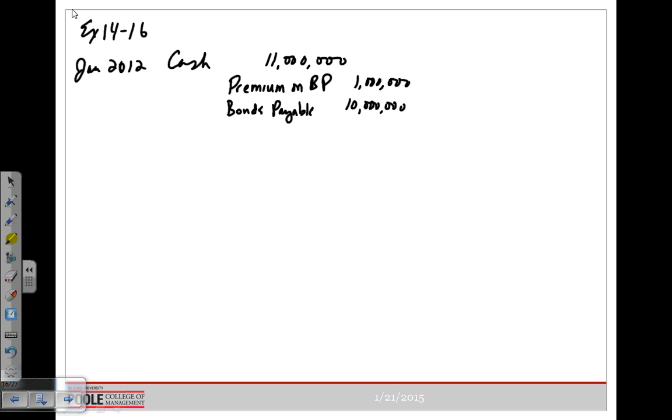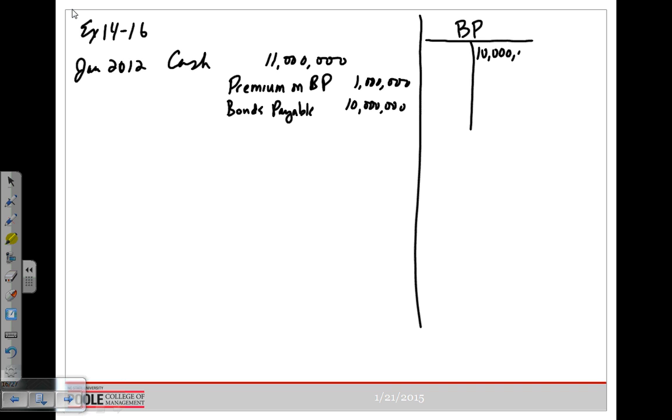And let me just draw those two key accounts here. There's my bonds payable, 10 million. And here's my premium, and that's $1 million.